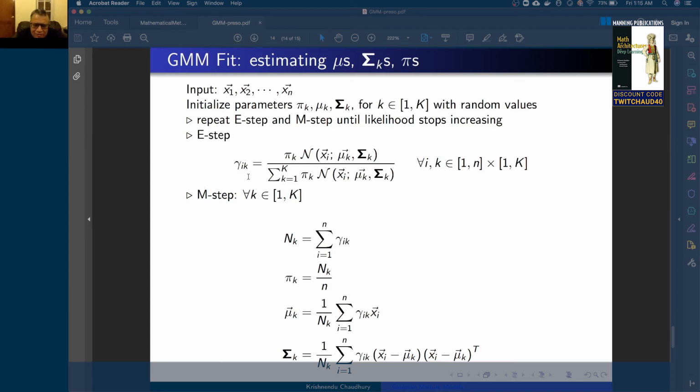In the E step, we compute this quantity, let's call it gamma. It can be shown that gamma represents the probability of the kth class occurring conditioned on the occurrence of the ith input, that is gamma sub ik. Note that gamma of ik contains all the pi, sigma, and all the unknowns.